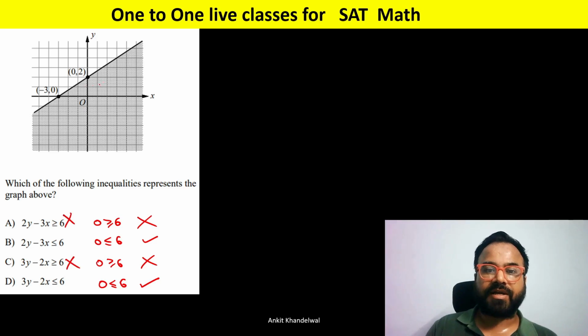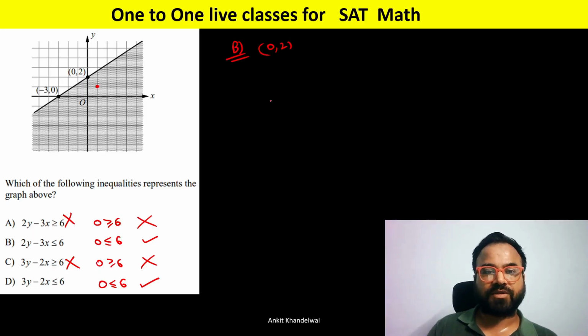Now take any other point. This is 0 comma 2. It's better to take the point, whether the 0 comma 2 is satisfying this inequality or not. So if you look at option B, we are checking with the 0 comma 2.